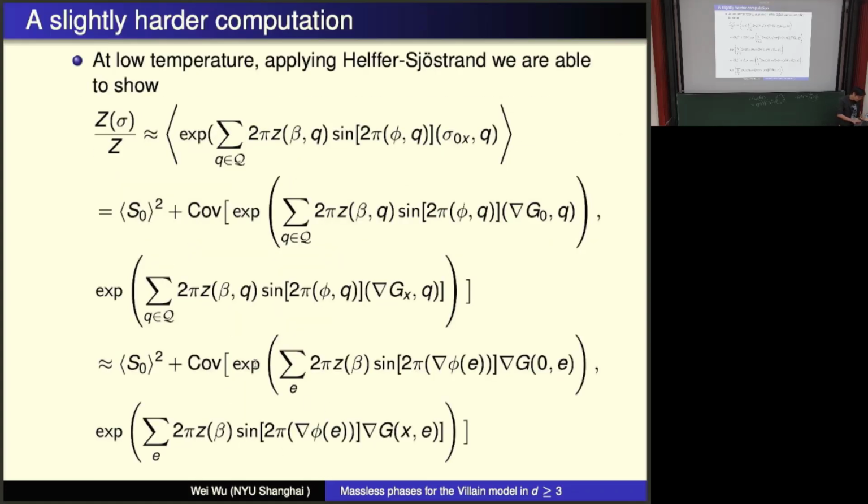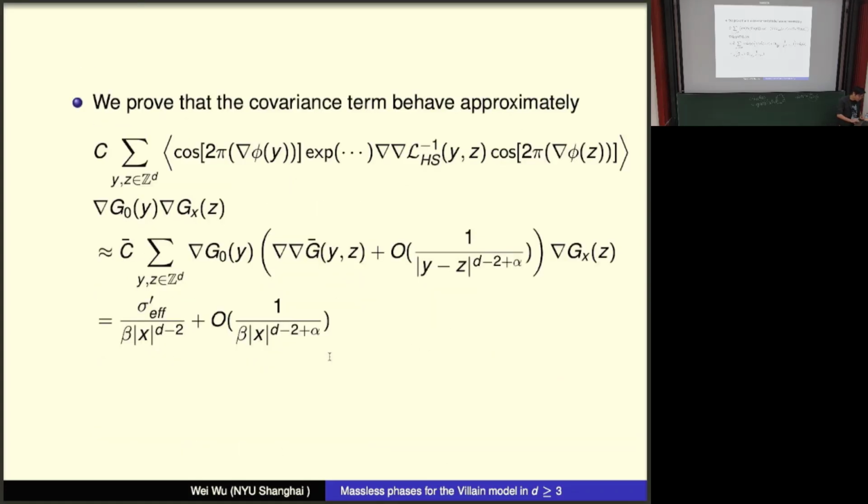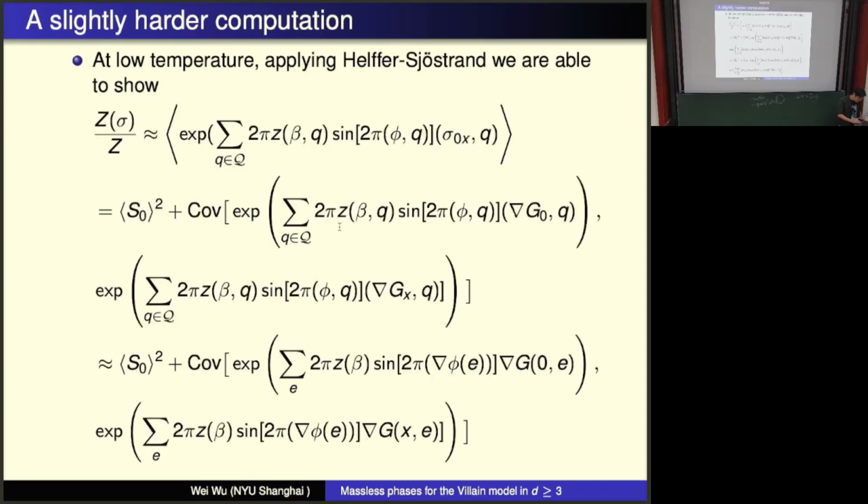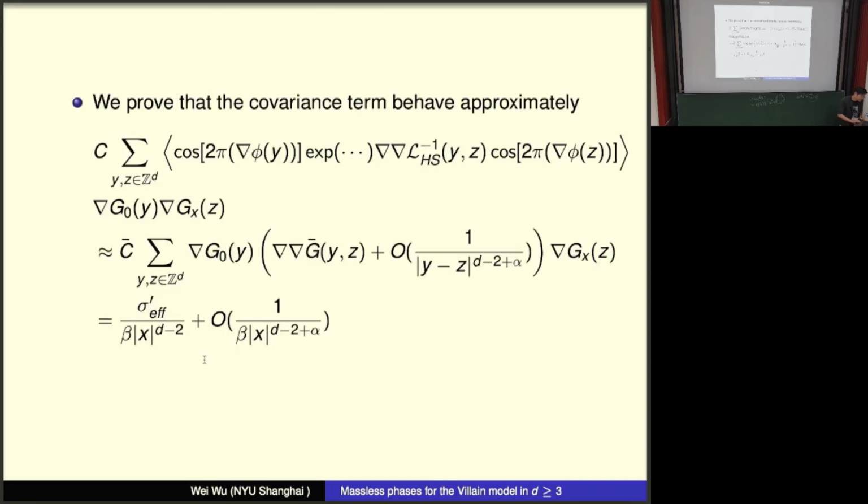Now, except the exponential term here, you have to take a phi derivative here. So in the end, you would gain some second gradient of the Helffer-Sjöstrand Green's function. And the goal is to see that everything goes to the right quantity, which is the effective constant divided by beta times x to the d minus 2.